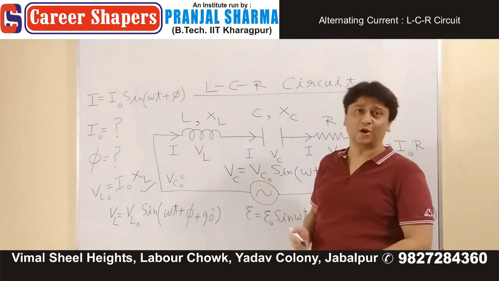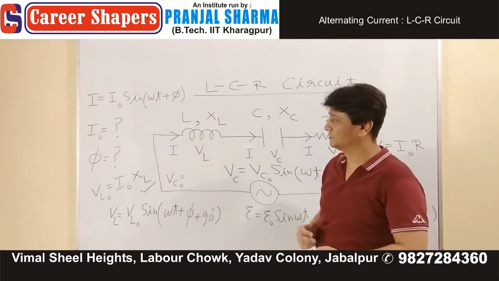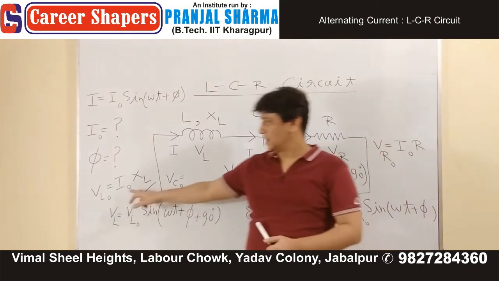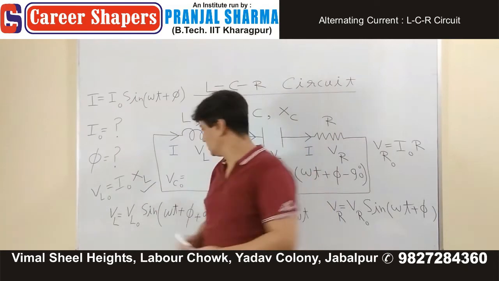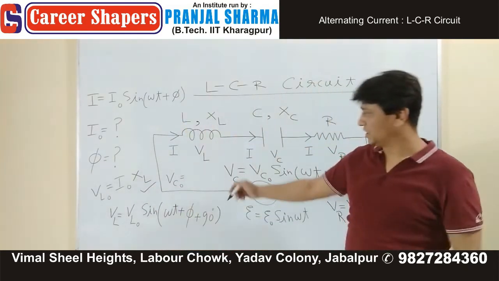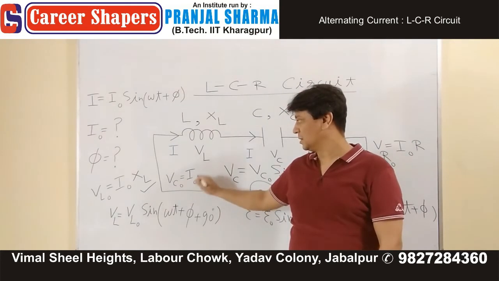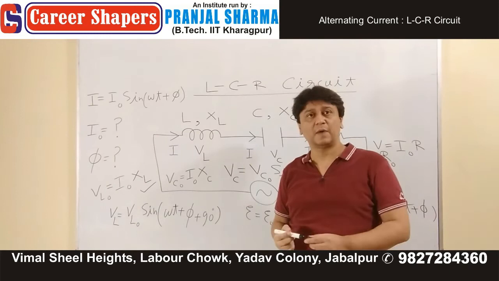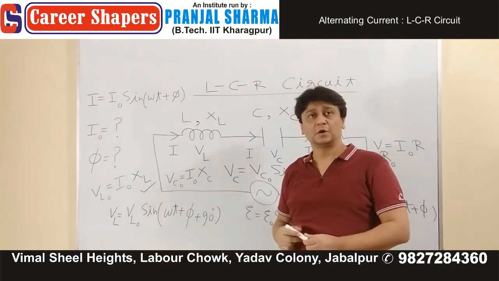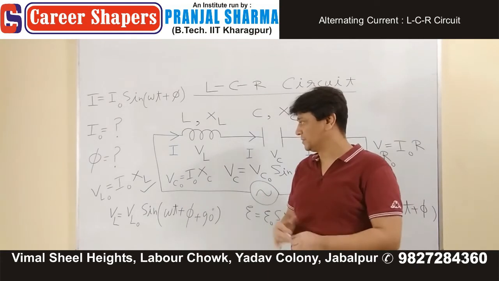So what is VL naught? I naught multiplied by XL, I naught multiplied by resistance offered by the inductor. And similarly, VC naught is I naught multiplied by resistance offered by the capacitor, which is called reactance of the capacitor and is XC.